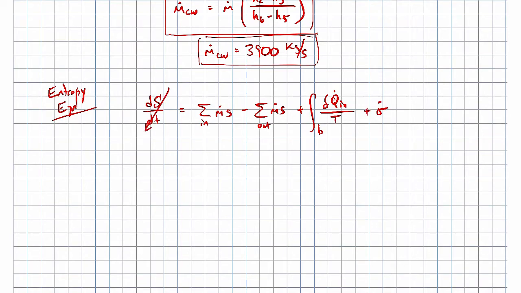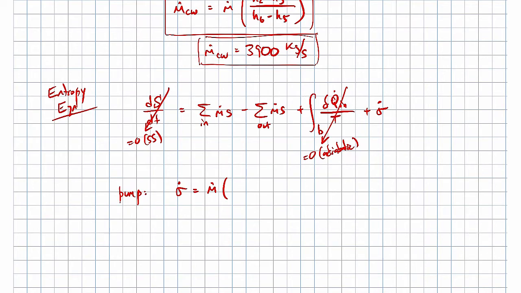Again, the left-hand side is going to be 0 because it's steady state. There is no heat transfer in any of those devices. They're all adiabatic, so that term is 0. There's only one inlet and one outlet for at least the pump and the turbine. So for the pump, it'll look like this. Sigma dot will be m dot times S out minus S in.